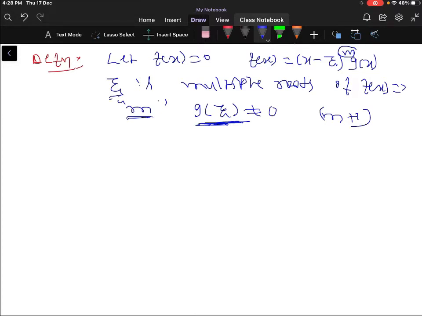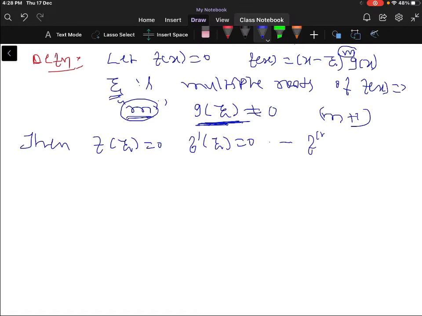Suppose xi is a multiple root of multiplicity m, then f of xi is equal to 0, f dash of xi equal to 0, and so on.